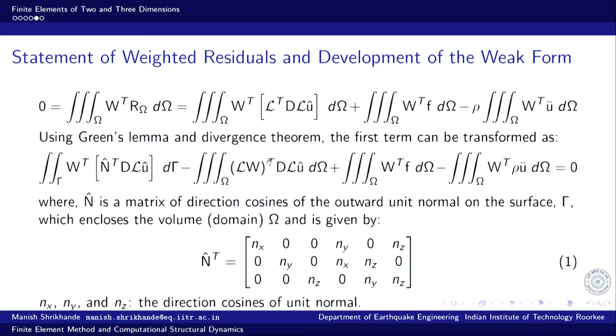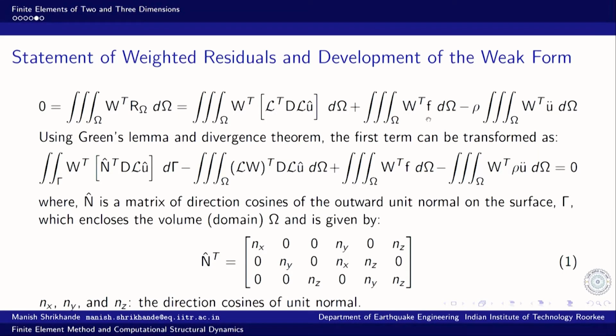So, L W, the differential operator from the stress terms, is transferred to the weighting function term, and then these are of course the domain integrals with respect to forces and inertia term, and n hat is the direction cosine matrix transpose.